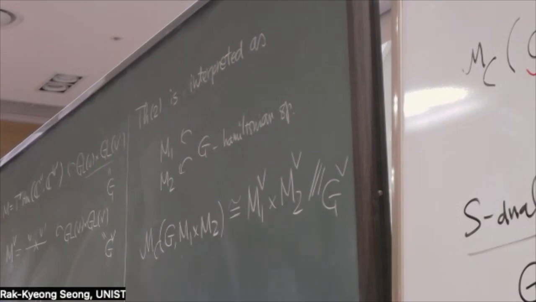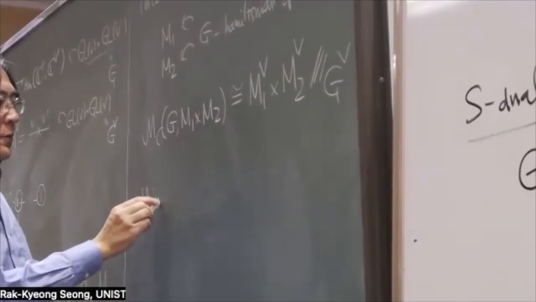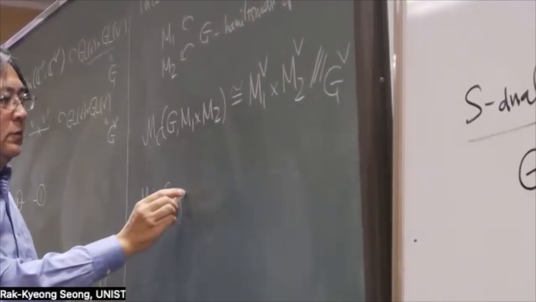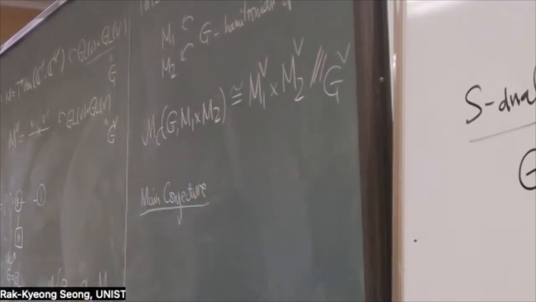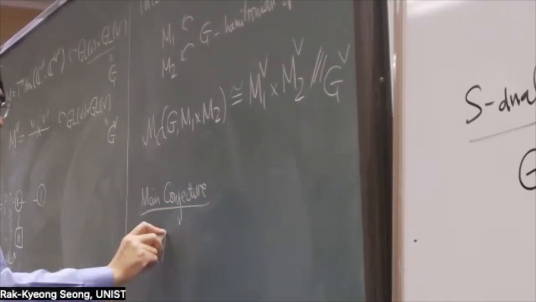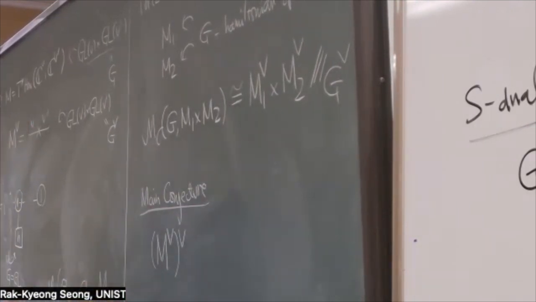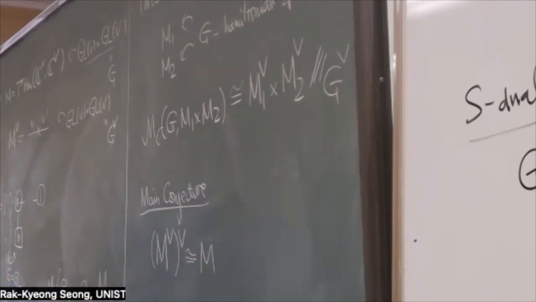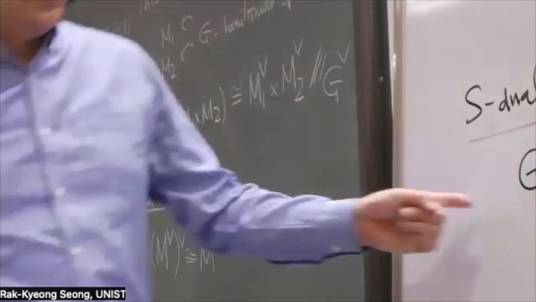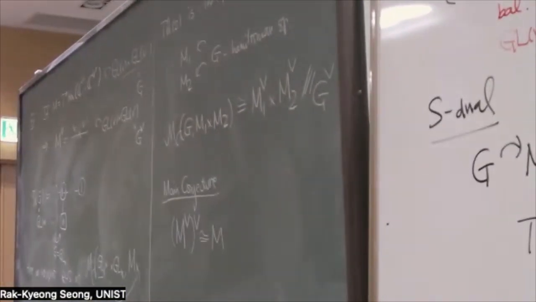And also, one of the main conjectures: if you take the SDR twice, then this is isomorphic to the original. So you have a Hamiltonian G space and you have a Hamiltonian G check space, and you apply the same construction.